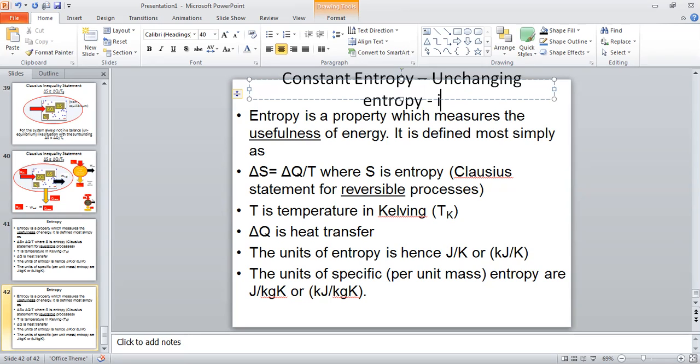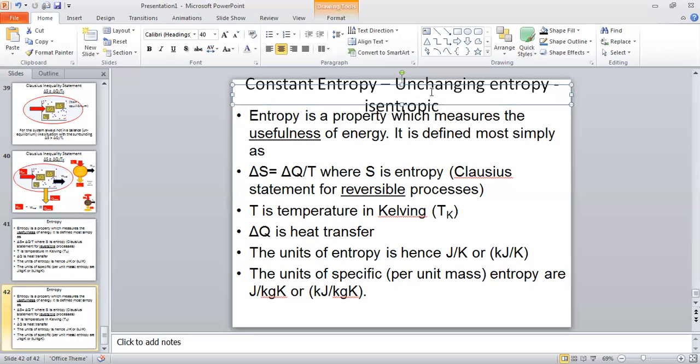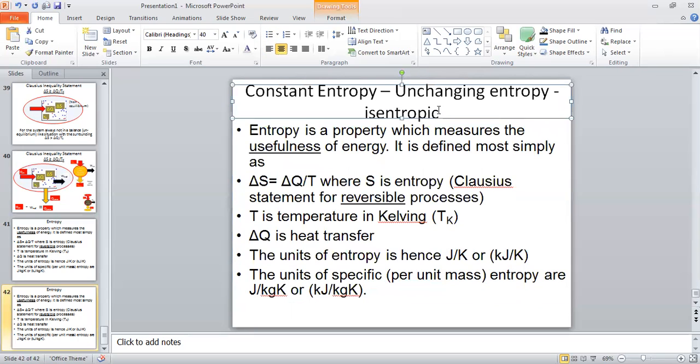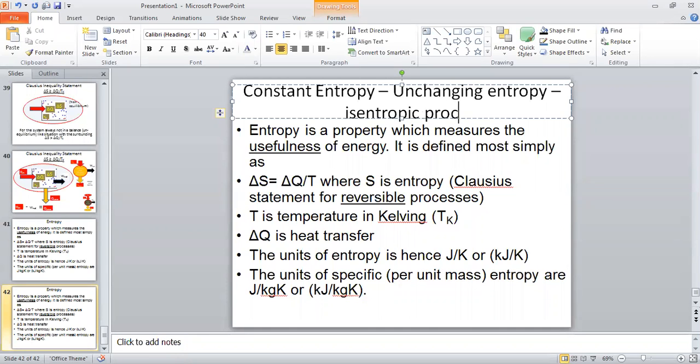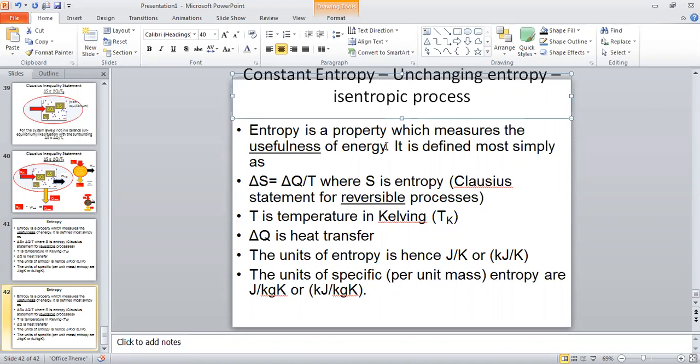We also call it isoentropic. Here you can see this is for a thermodynamic process, the isentropic process.